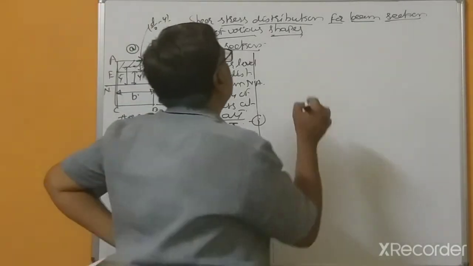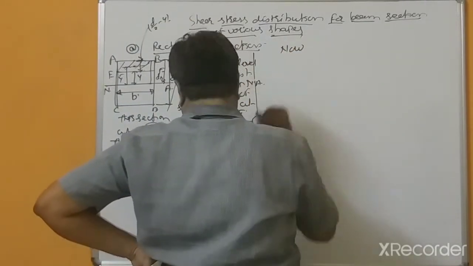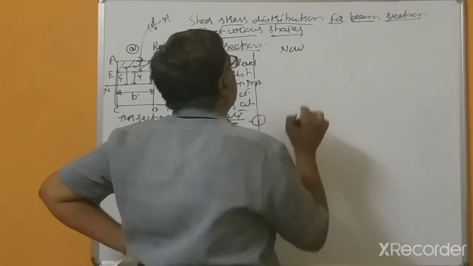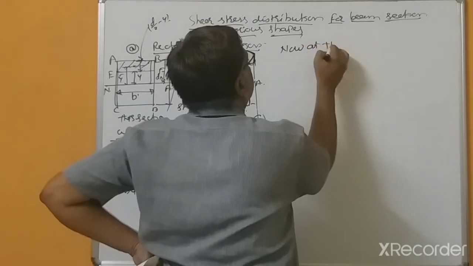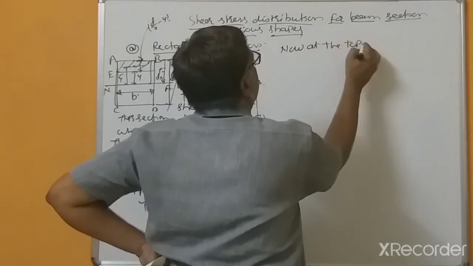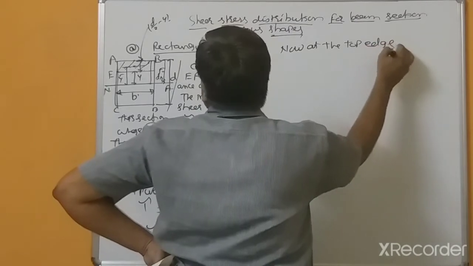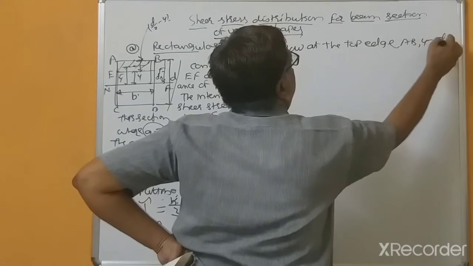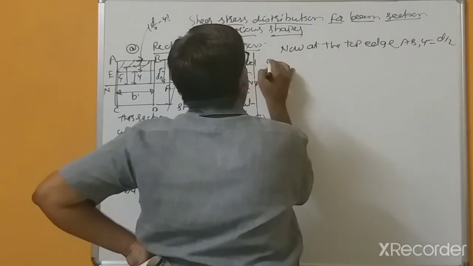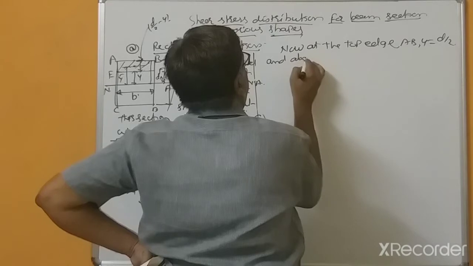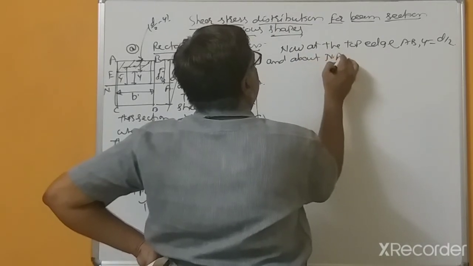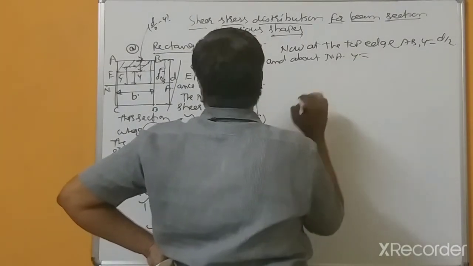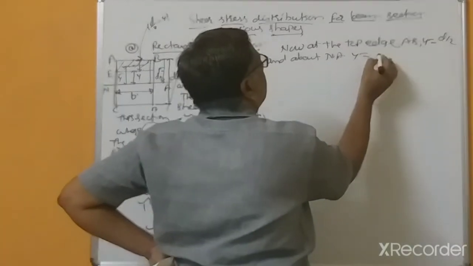Now at the top edge AB, Y equal to D by 2, and about the neutral axis Y equal to 0.